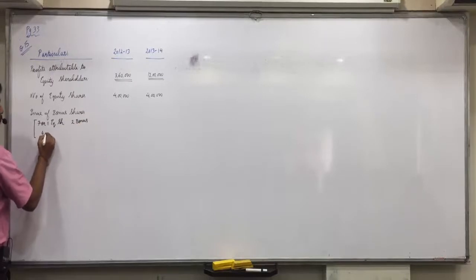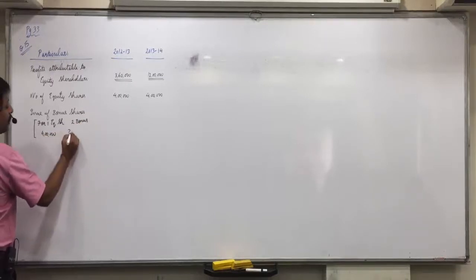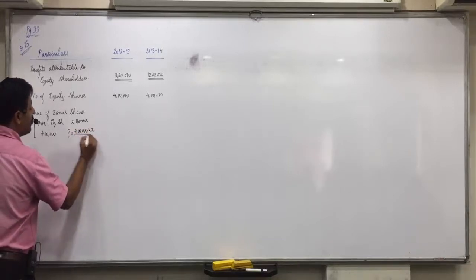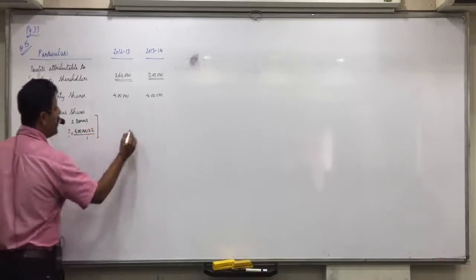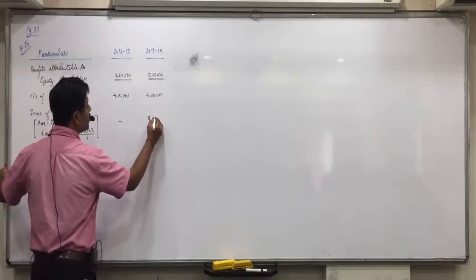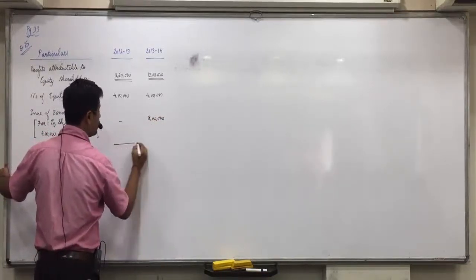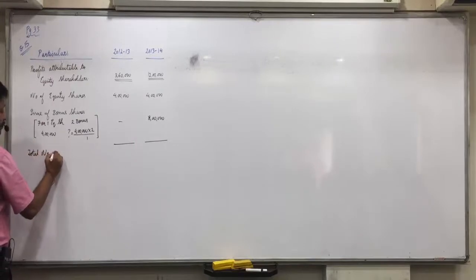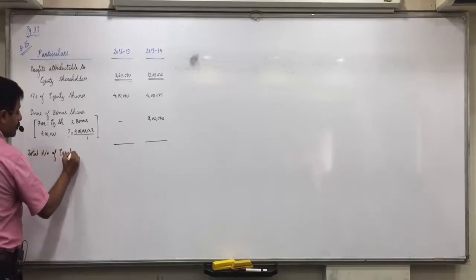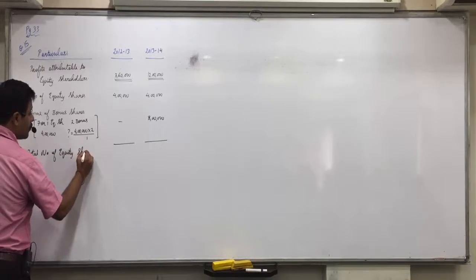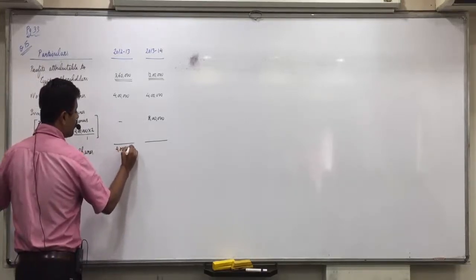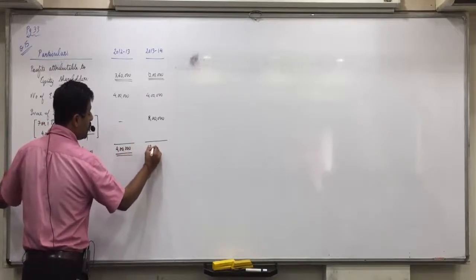So for 4 lakh shares, how many will be given in bonus? 4 lakh into 2 by 1, 8 lakh shares will be given in bonus. You can say total number of equity shares in 12 to 13 is 4 lakhs, and in 13 to 14 is 12 lakhs.